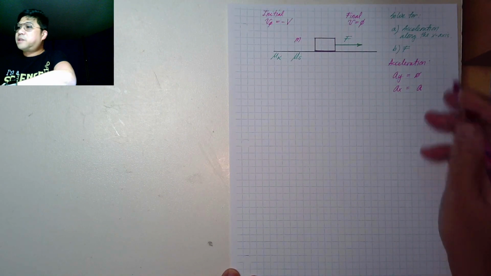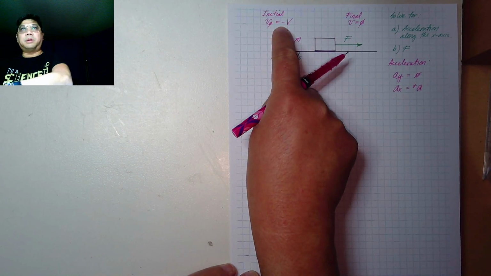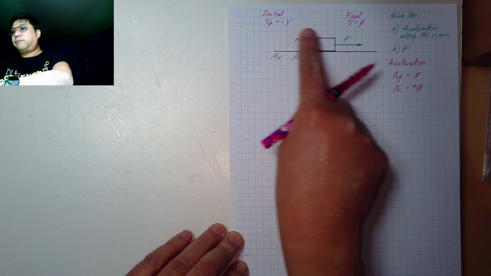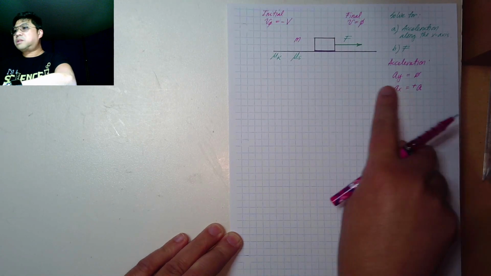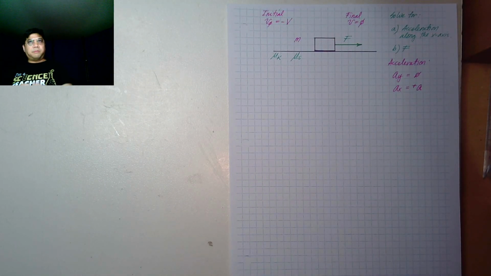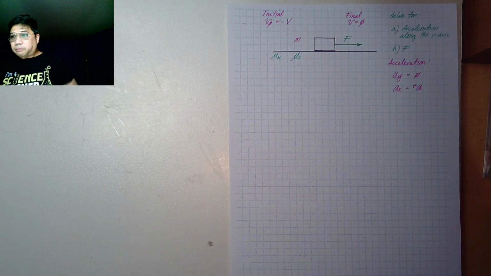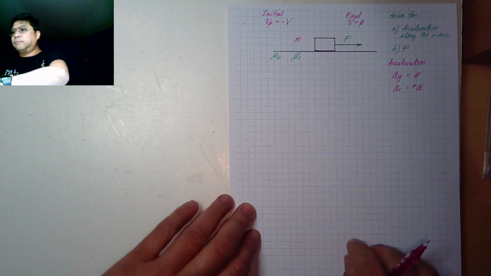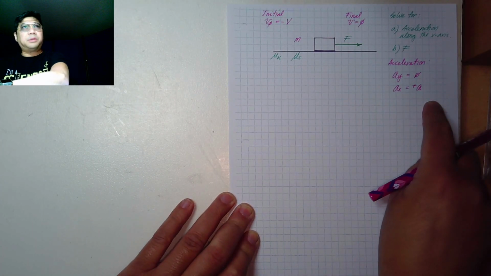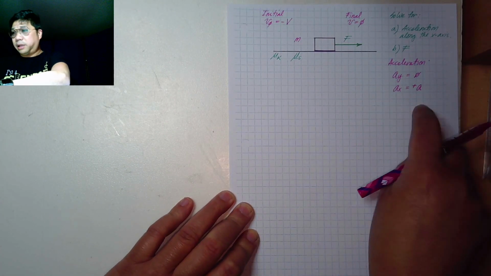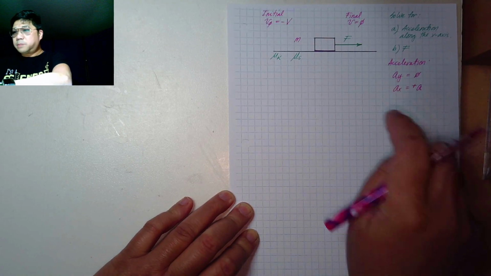So therefore your acceleration right here should be positive in order to get from negative to zero. In order to get from negative to zero, we must have an acceleration that is positive, that is opposite the direction of our velocity. So let us see if this will show up as we have made the assumption that it's positive.